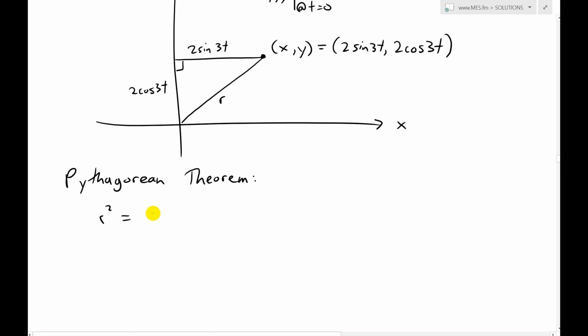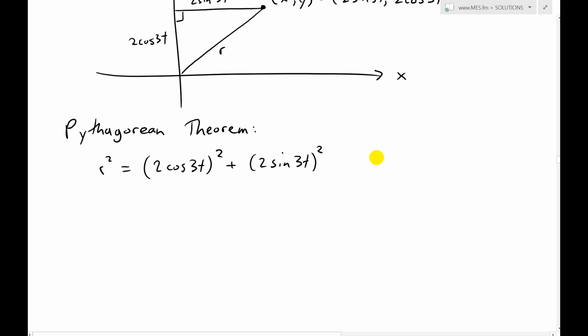So this equals 2 cosine 3t all squared plus 2 sine 3t all squared, and then if we square all these, 2 squared is 4 cosine squared 3t plus 4 sine squared 3t.